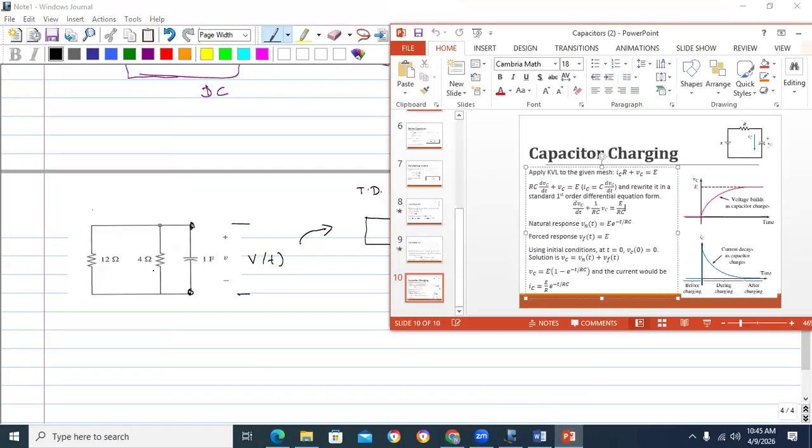Okay, so try to get the differential equation for this one quickly. The same theory you can use, okay?